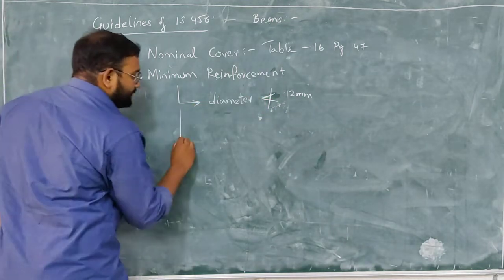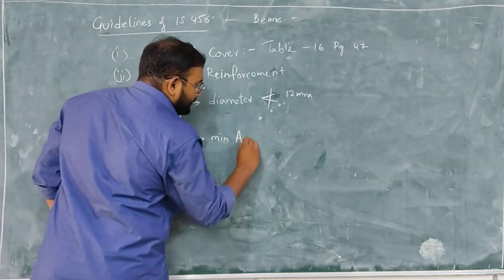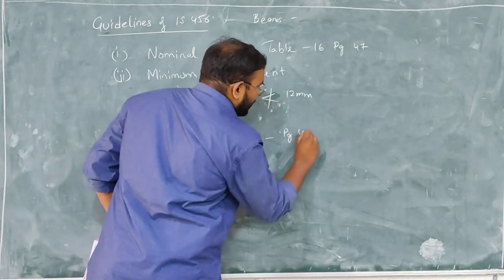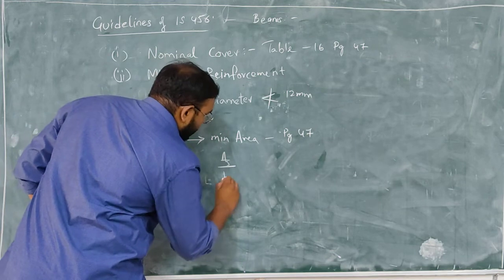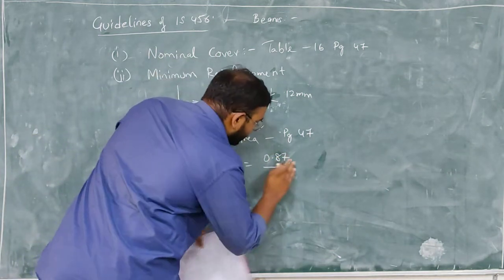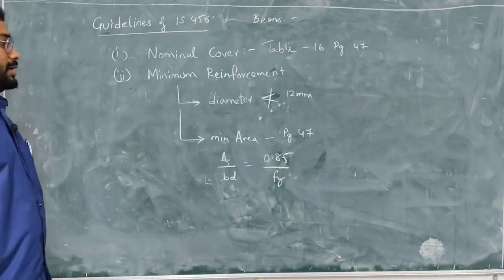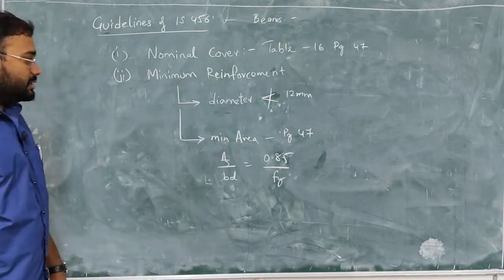Next we have minimum area. This is given on page number 47 of IS 456. The formula is As/bd = 0.85/fy. This is the minimum area of reinforcement that should be provided.